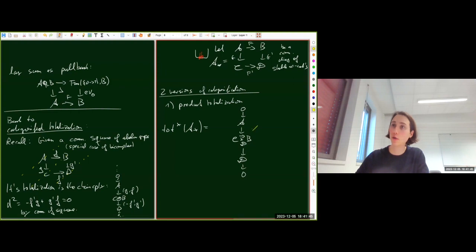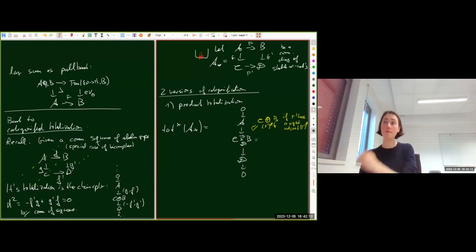It turns out it's equivalent to the lax limit with F prime right adjoint, G, B, if F prime has a right adjoint F prime R. This definition is equivalent to the lax bilimit if the functor F prime has a right adjoint, which it will have in most cases, but that's maybe a technical question.